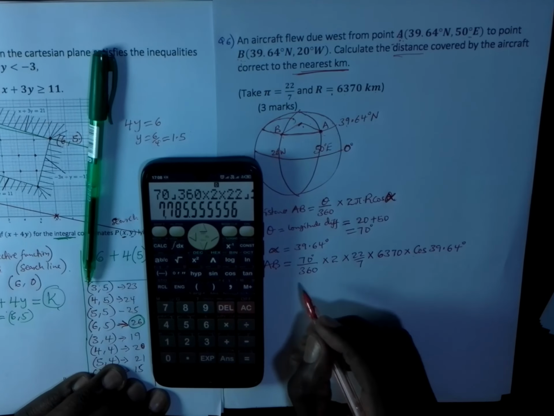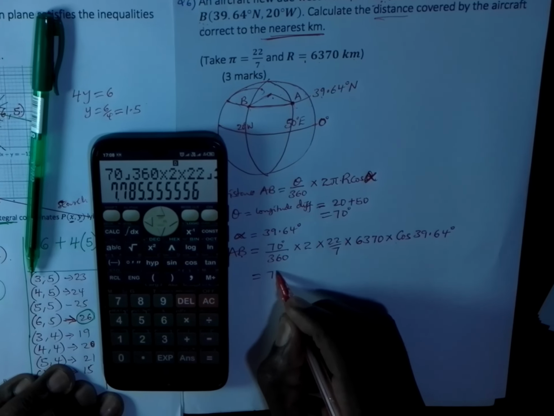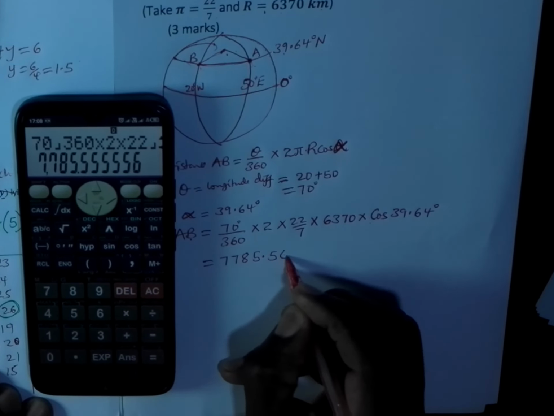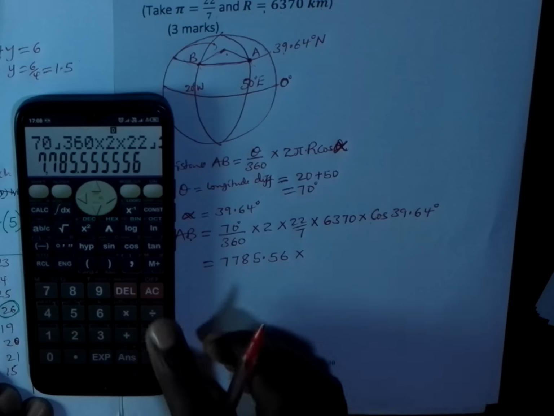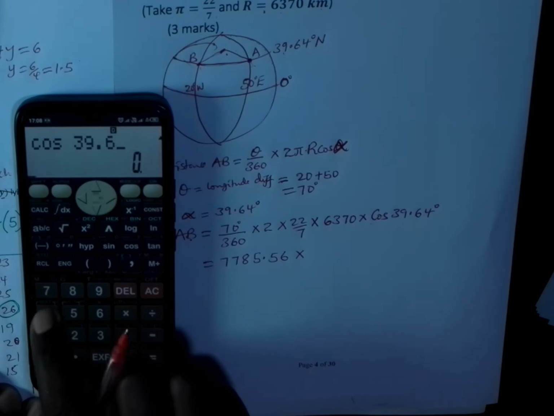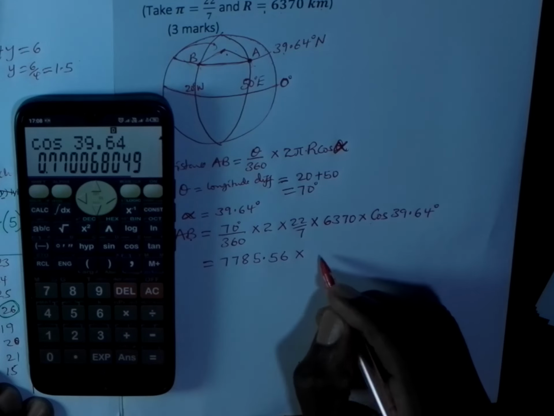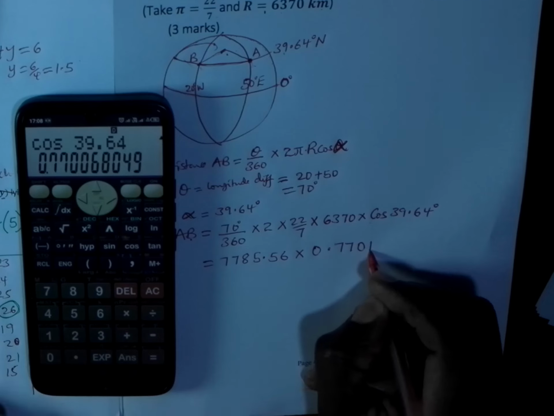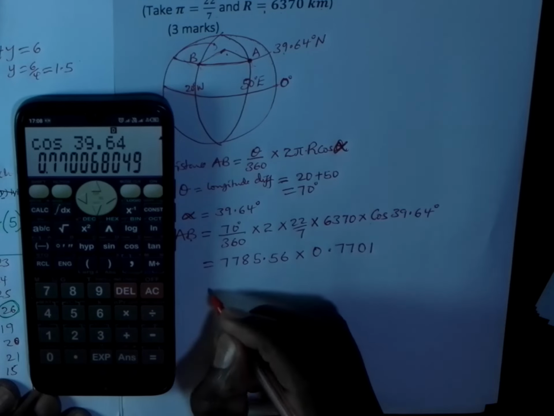So this gives us 7,785.56, then times cosine of 39.64, which is 0.7701 to four significant figures.